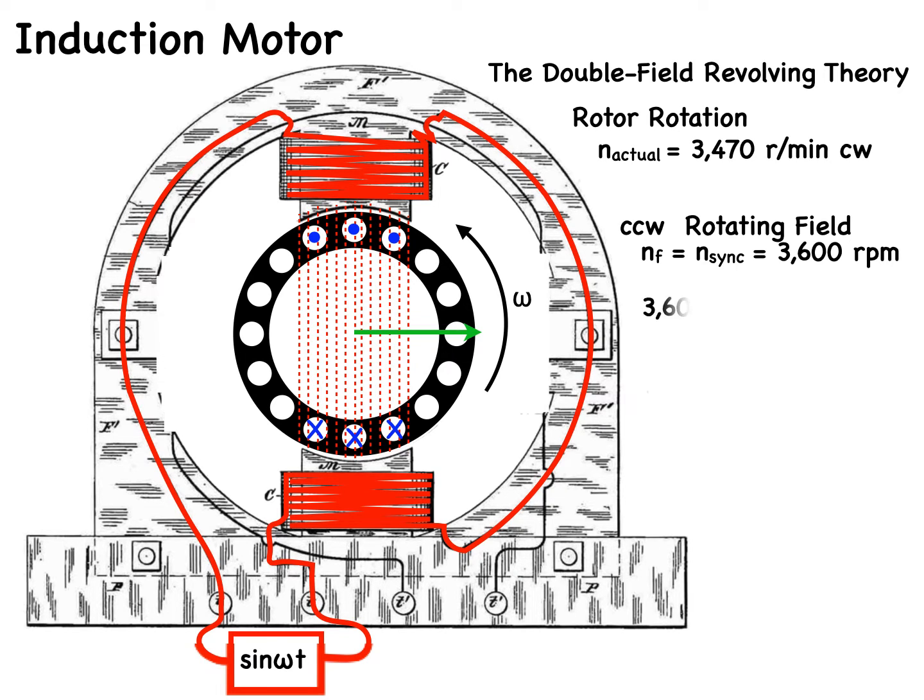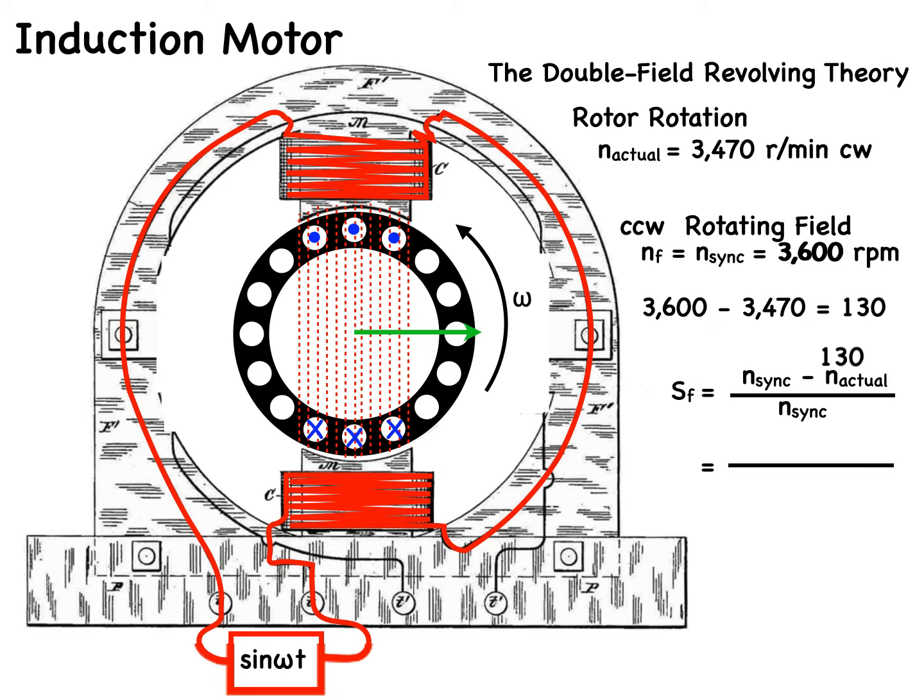It is obvious that the rotor is rotating slower than the rotating field, in this case by 130 RPM. That is the forward slip, and it is usually expressed as a fraction of the synchronous speed. In actual terms, that is 130 divided by 3,600, and that equals 0.036.